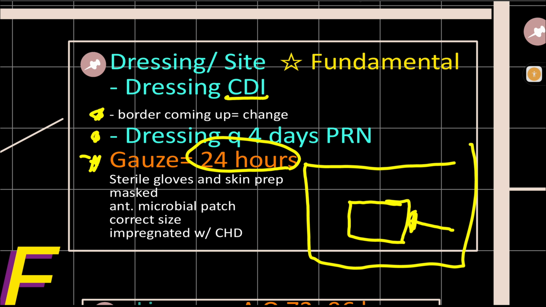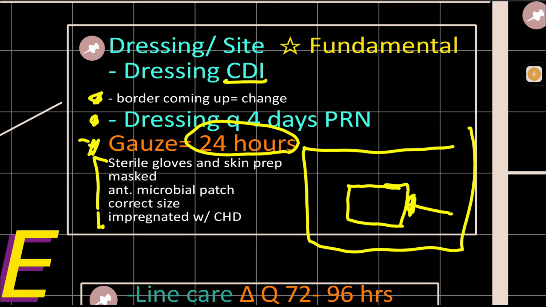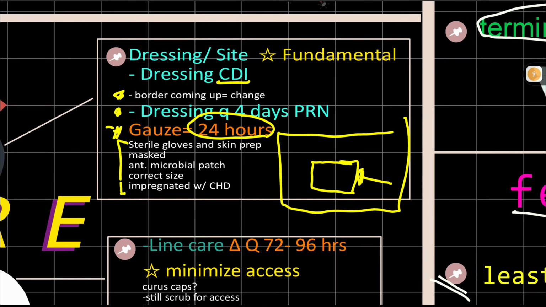In terms of insertion and taking access to the line, you have to use sterile gloves and skin prep, a mask, and a correct-sized antimicrobial patch impregnated with chlorhexidine. Dressing is a very fundamental nursing responsibility that you have to comply with in preventing CLABSI infection.